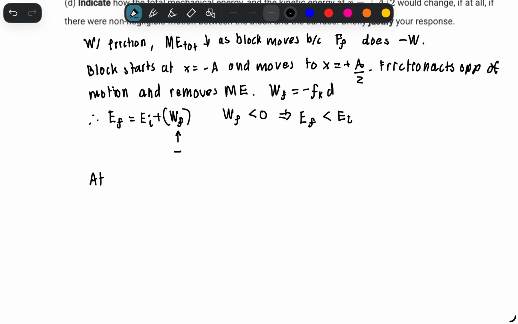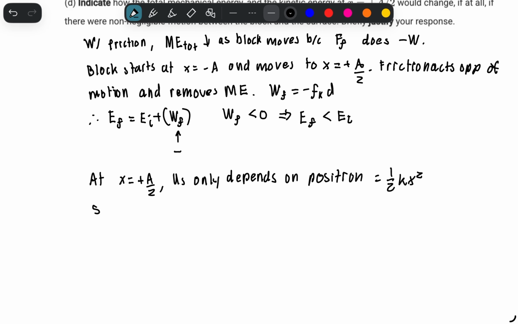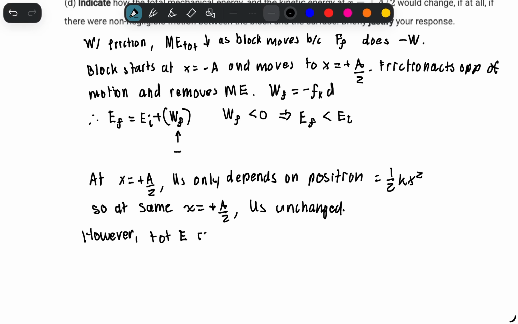So when you're at x is equal to positive a over 2, US only depends on your position, which is equal to 1/2 kx squared. So when you're at the same x is equal to positive amplitude over 2, your US is going to be unchanged. However, our total energy is smaller. So our kinetic energy must have been the thing that got smaller.